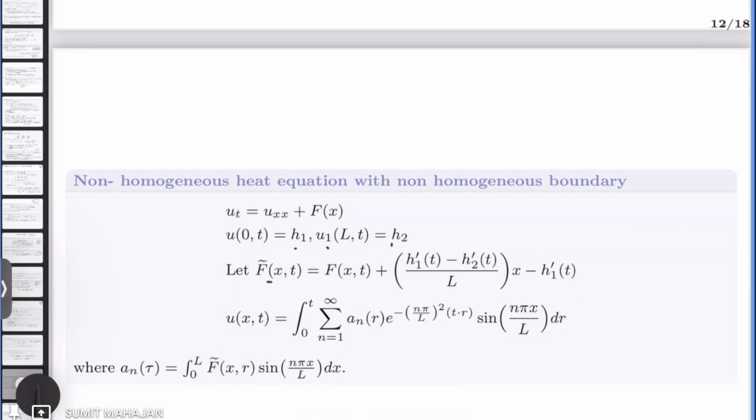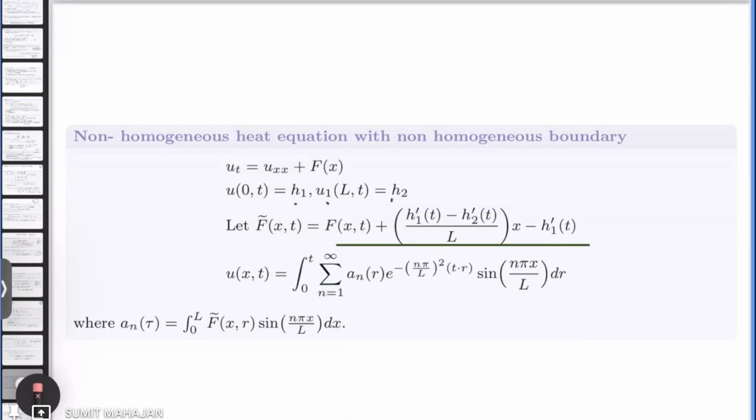Let f cap of x comma t be given by this equation. Then u of x comma t is given by summation n equals 1 to infinity of a n tau e raised to power minus (n pi upon l) square (t minus tau) sine n pi x upon l d tau, where a n tau is equal to integral 0 to l f cap x comma tau sine n pi x upon l dx. This is the second last question that we discussed in today's class.